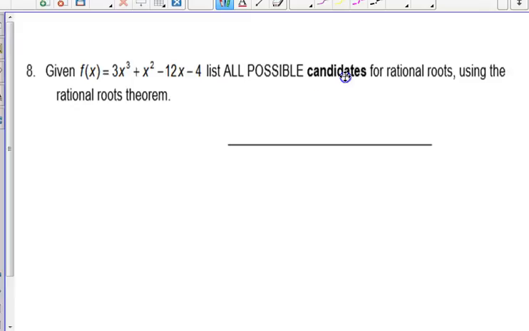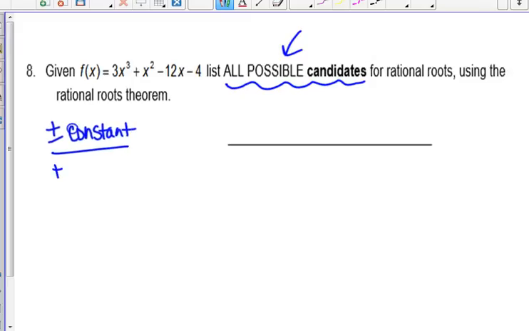Number 8, list all the possible. Do not graph and find the zeros yet. It wants all the possible candidates. So it's plus or minus the factors of the constant, which is the number without an x, over plus or minus the leading coefficient. So the factors of -4 over +3.